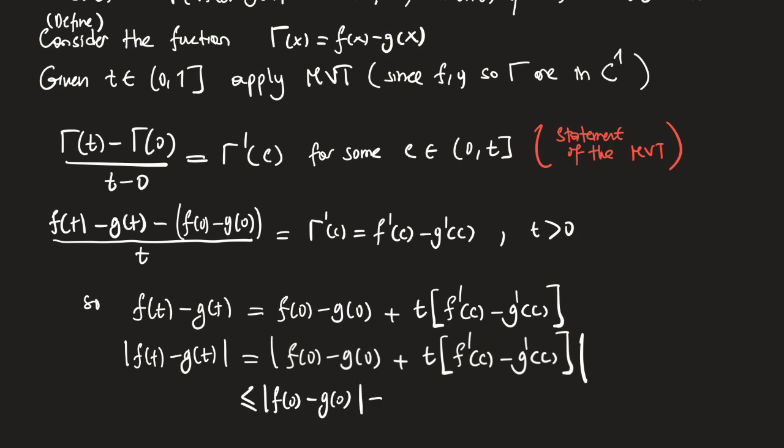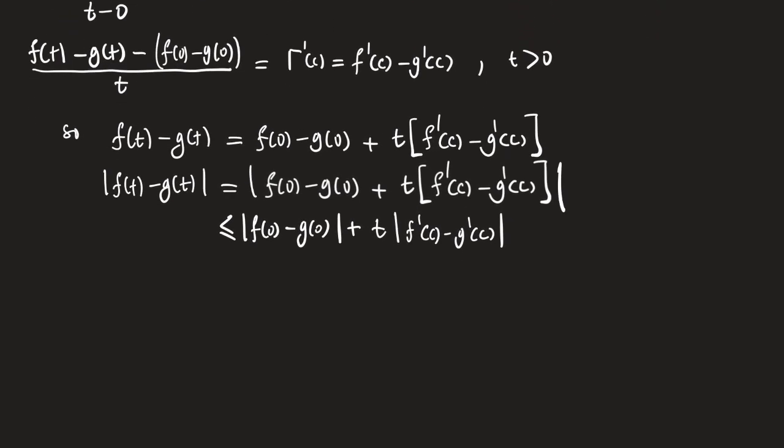As you can see, we are getting to the point that this right hand side would be equal to the new metric rho. Okay, I'm getting to my point. This huge observation, plus t times |f prime c minus g prime c|. This t is less than 1, even though we don't need that, it is bigger than 0 and less than 1.